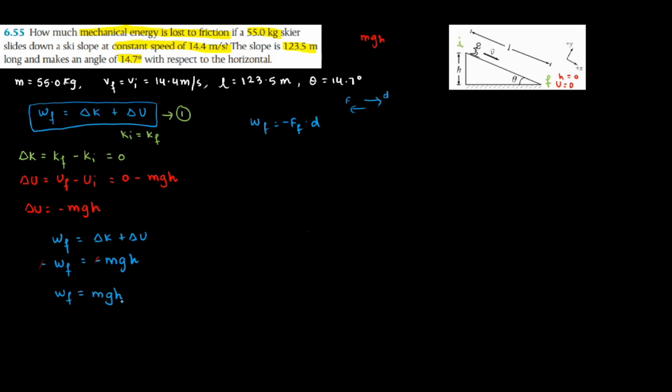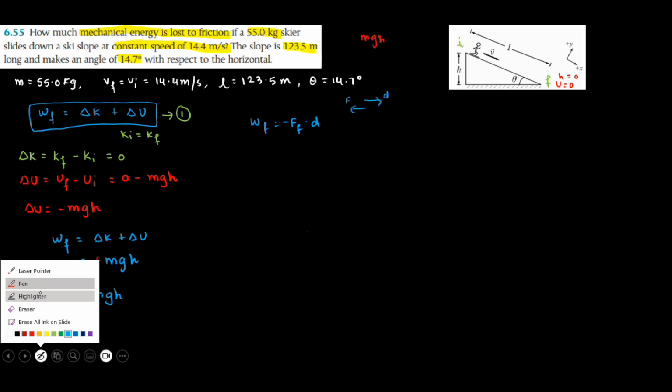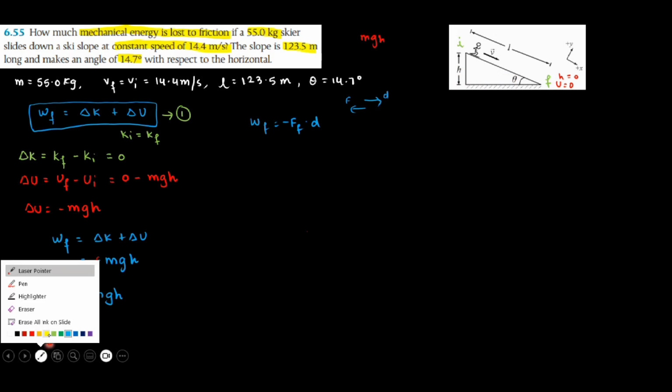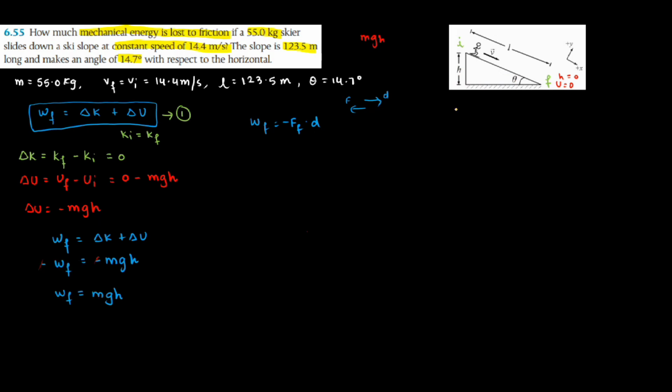Now what is my h? I have the value of mass. We know the acceleration due to gravity. What is h? h is the side which is opposite to my angle theta. So we will find h by using trigonometric ratios. And since h is opposite to theta, the trigonometric ratio that I'm going to use is sine theta.